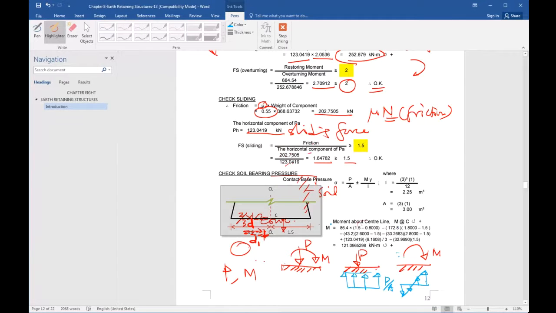So eventually it gives you a smaller force here, right?